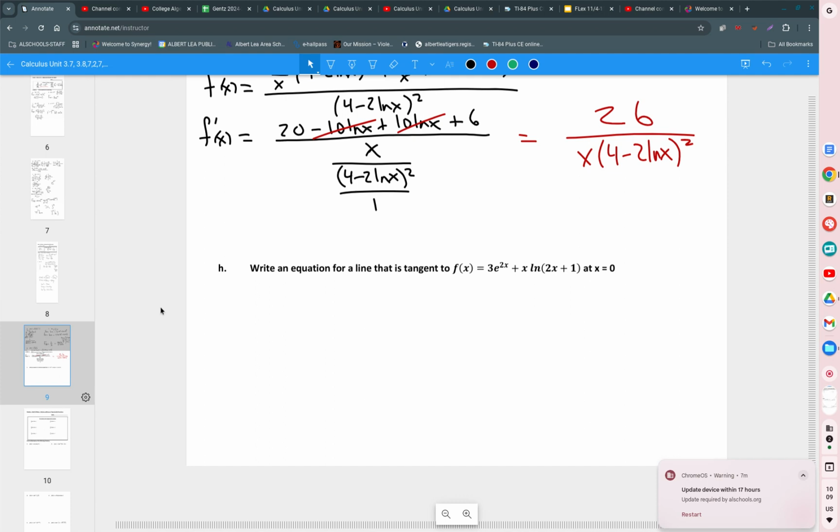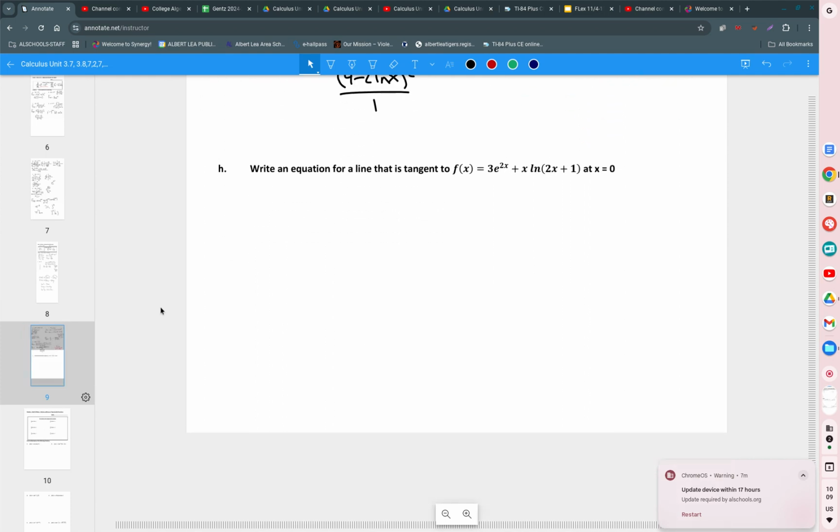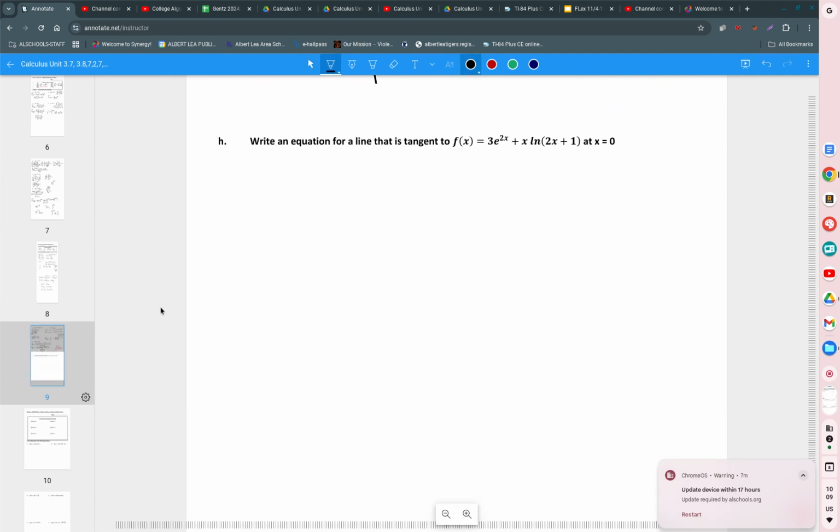Last example. If you write an equation for a line, what 2 things do you need? Slope and a point. We're just given x. x is 0. How do I figure out y? Plug it in.